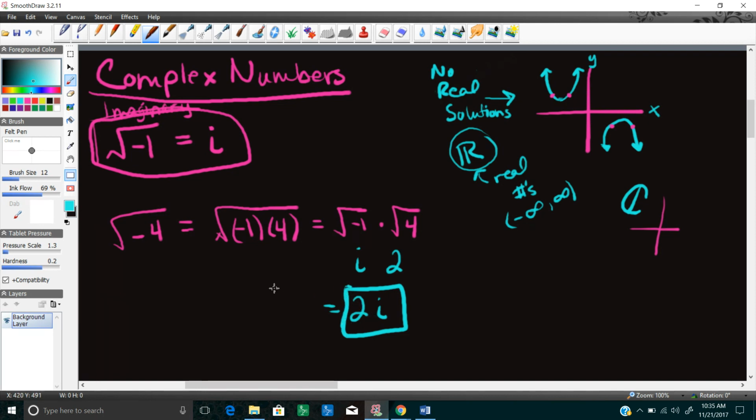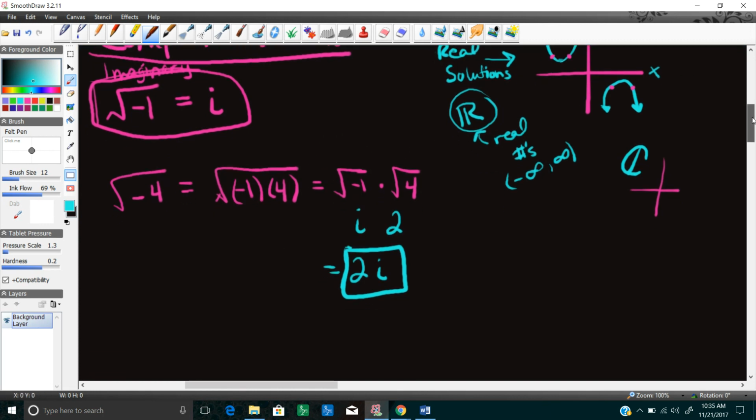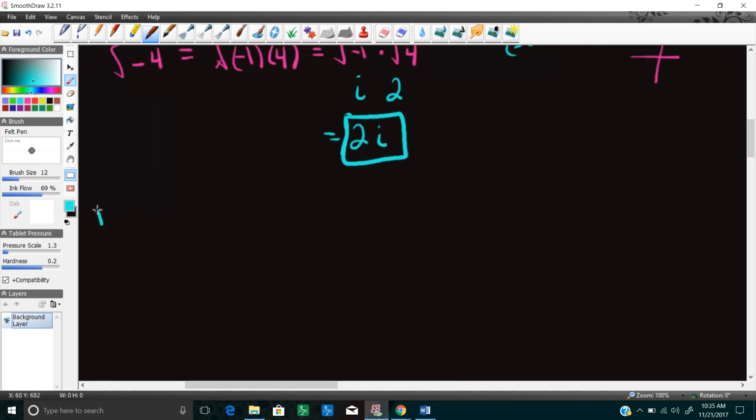Let's try a couple more and see if you get the hang of it. Let's say we have the square root of -12. From my old notes, I know that this is 3 times 4, and then that's 2 times 2.